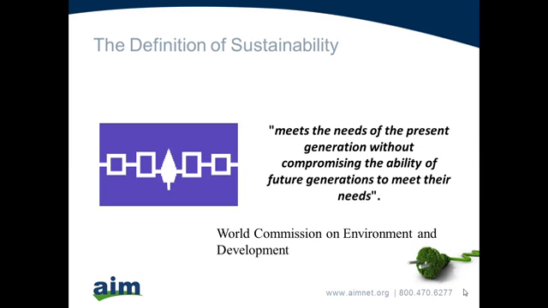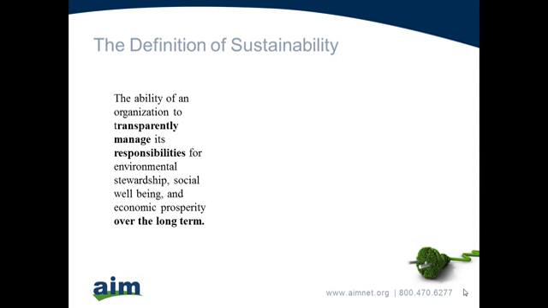If they made a decision that was going to impact their tribe, and it wouldn't survive for 7 generations, that would not be sustainable. So this sustainable development definition, although it's good, it doesn't necessarily directly translate to industrial operations and manufacturing.